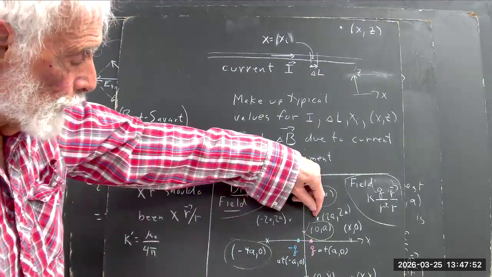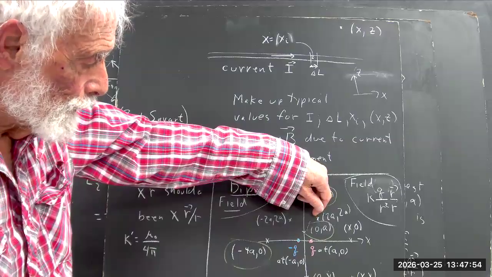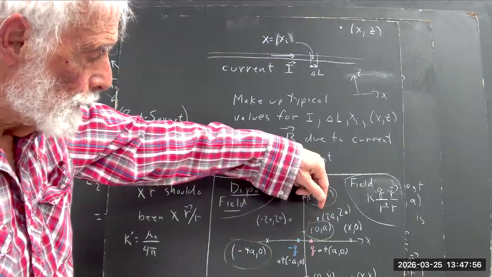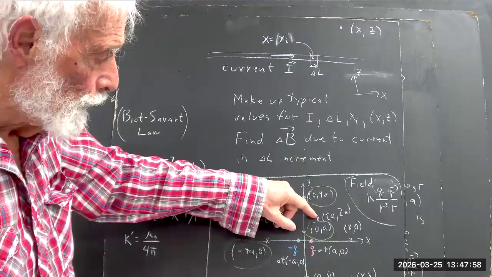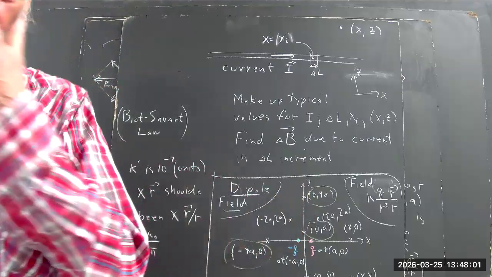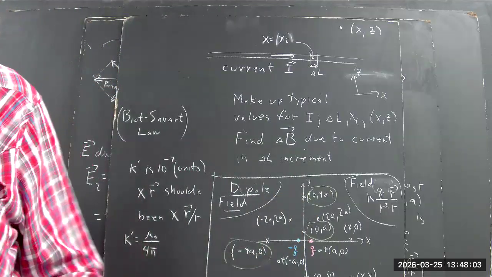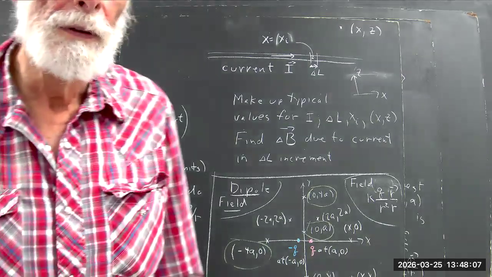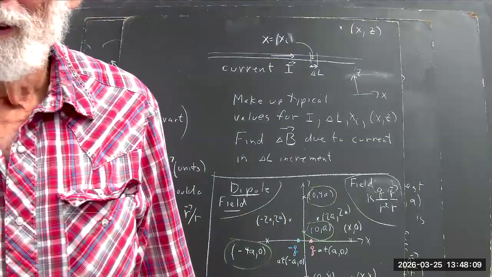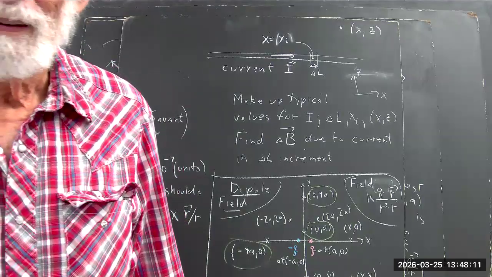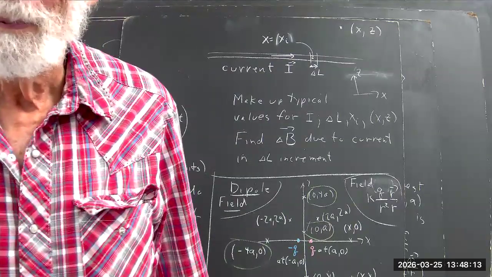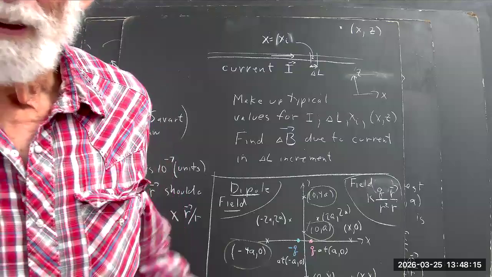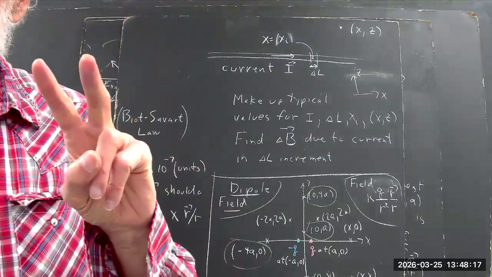So the field toward negative Q is going to be a lot less than the field away from Q. And those are the things I want you to see about the dipole field, partly because the dipole field of a magnetic source has a very much analogous shape to the dipole field of electrons.